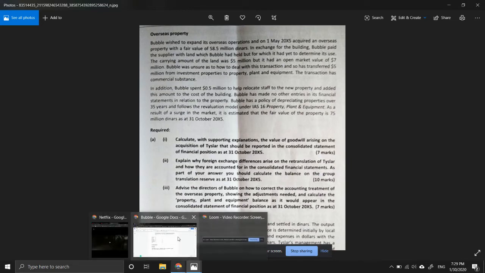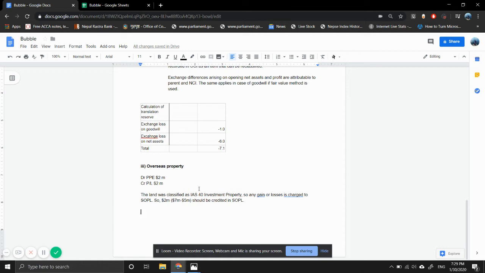So capitalization: the staff relocation expense cannot be capitalized as it does not enhance or improve the capacity of the building.